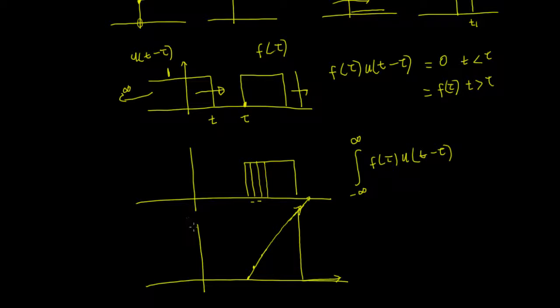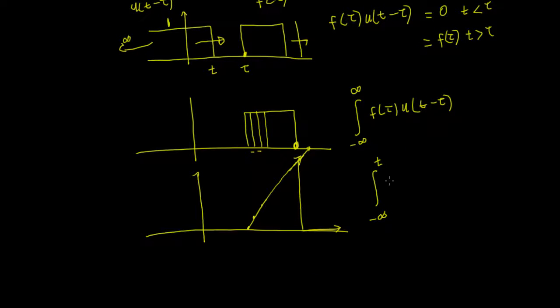Okay, so what we want to do is limit the upper limit of this integration, so we want to be able to integrate from minus infinity to some value. Now the value we'll call t, and t is the upper limit of this function here that we want to integrate.